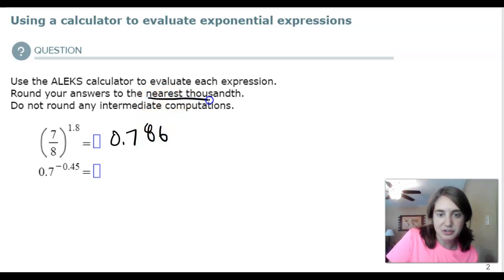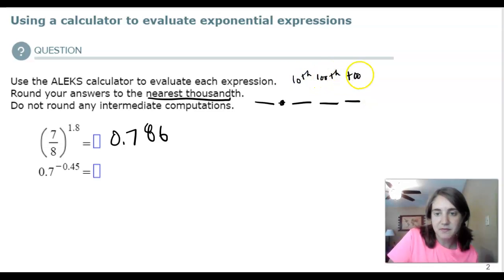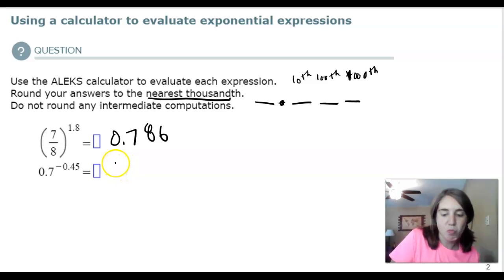It says round to the nearest thousandths, so that's tenths, hundredths, thousandths. So 3 decimal places. This is what you should be getting when you round those.